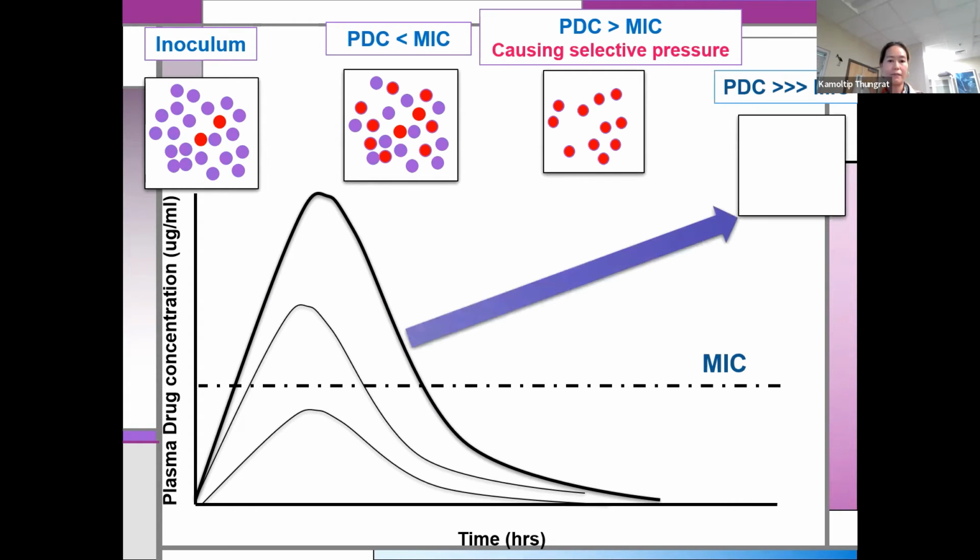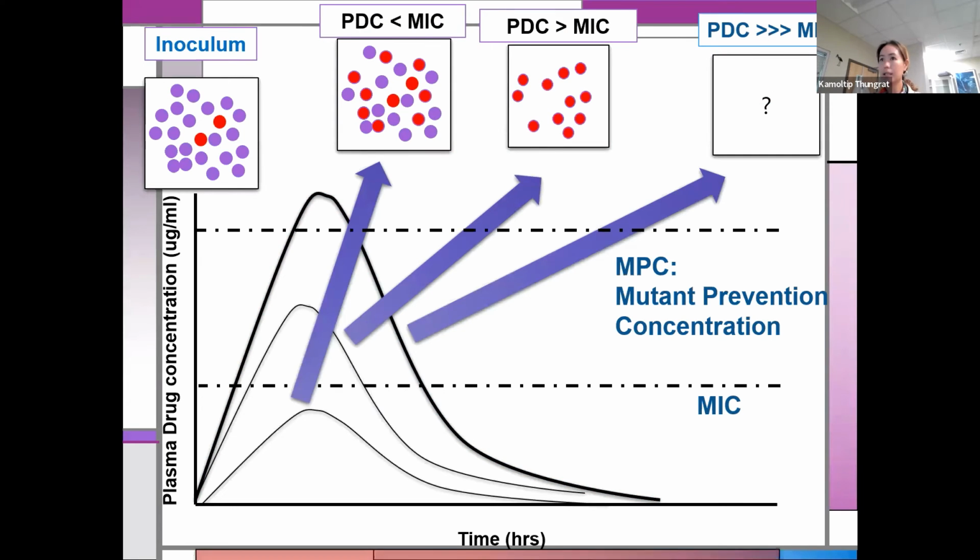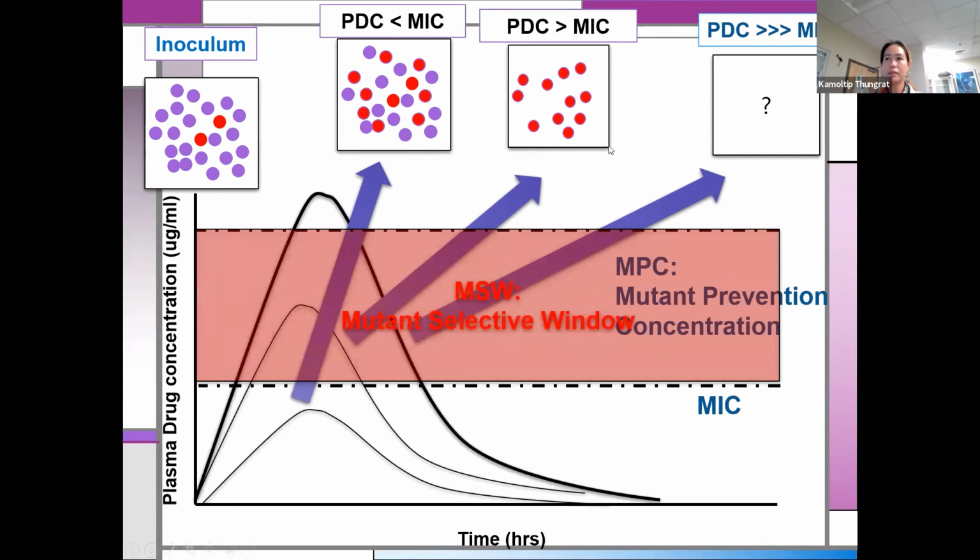That is the target for us: we kill them all, wipe them out, eradicate the whole population, both susceptible and resistant bacteria. That is the goal for us. How do we design the dosing regimen for that? Because the minimum concentration that kills or eradicates the whole population is called the mutant prevention concentration.